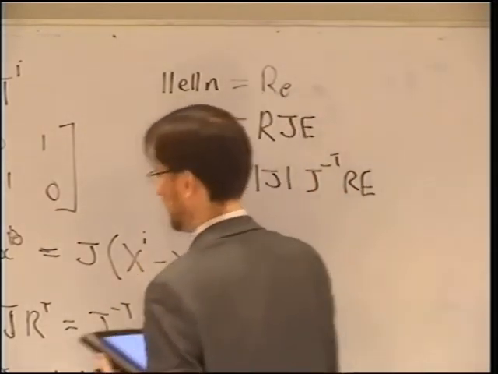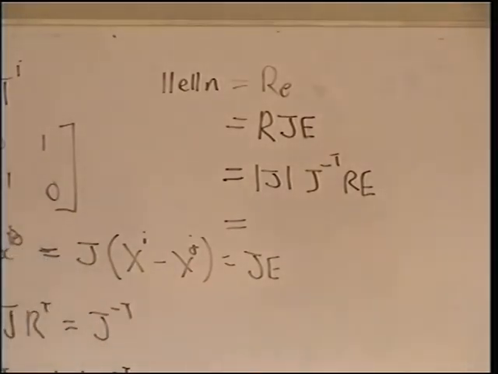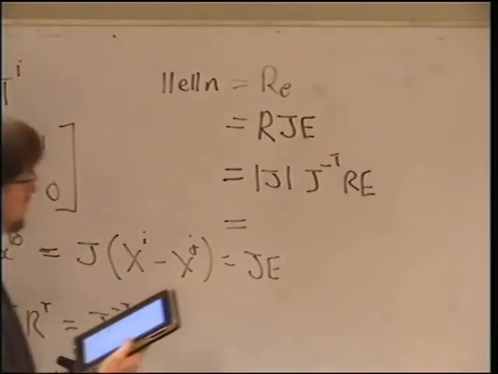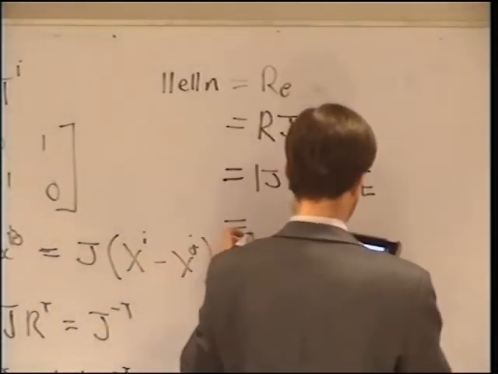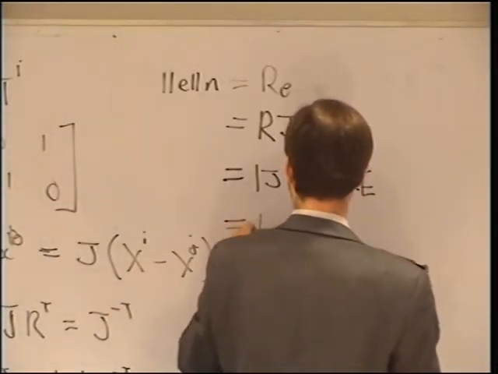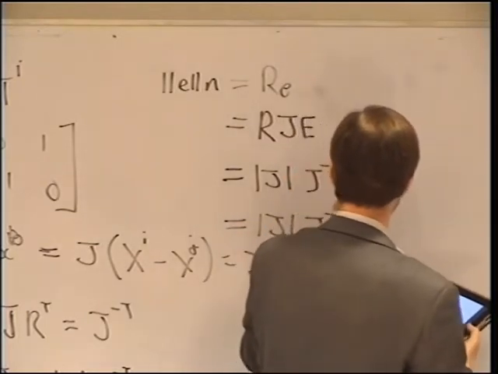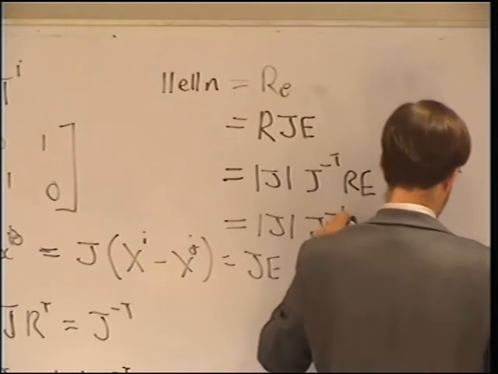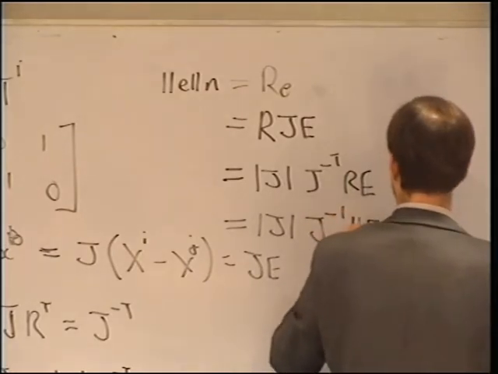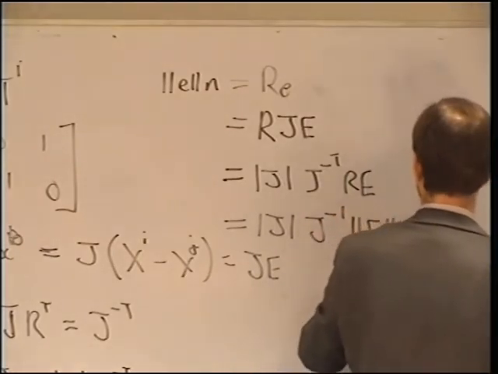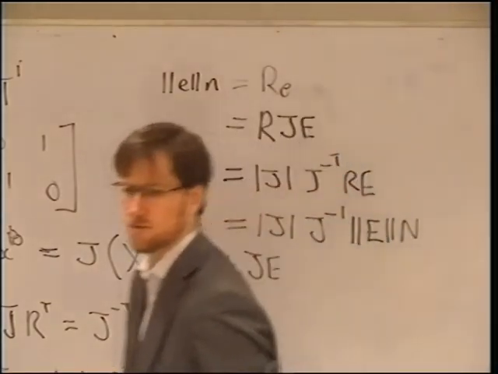From the definition of the normal, that is just equal to det J times J minus T times the length of the reference edge times the normal.